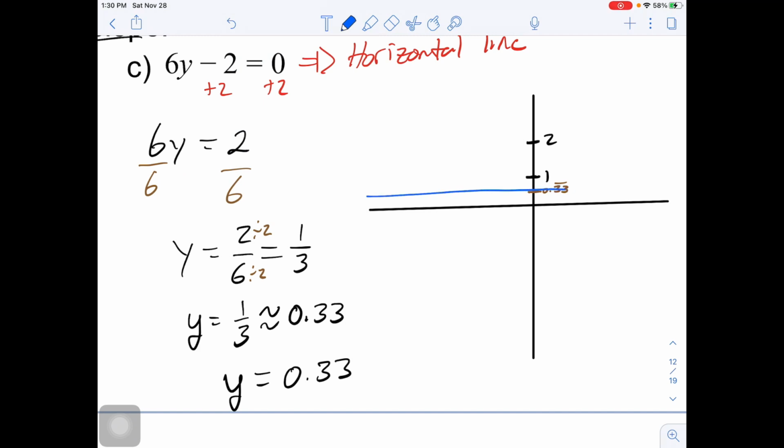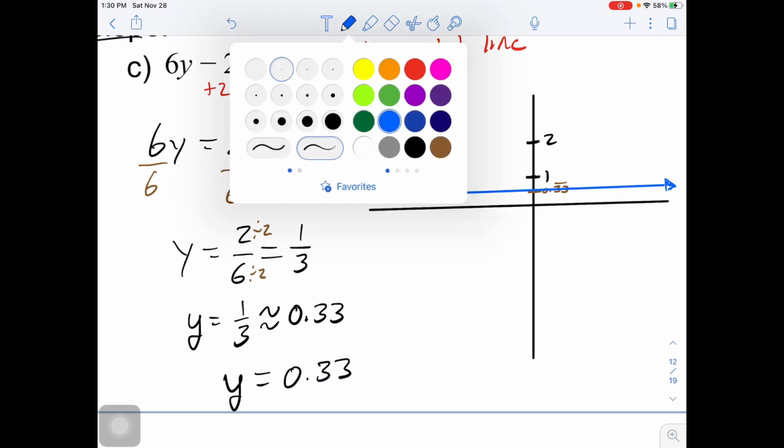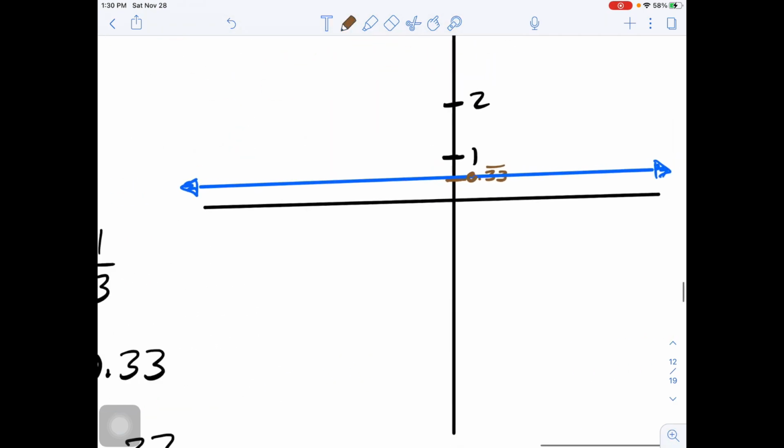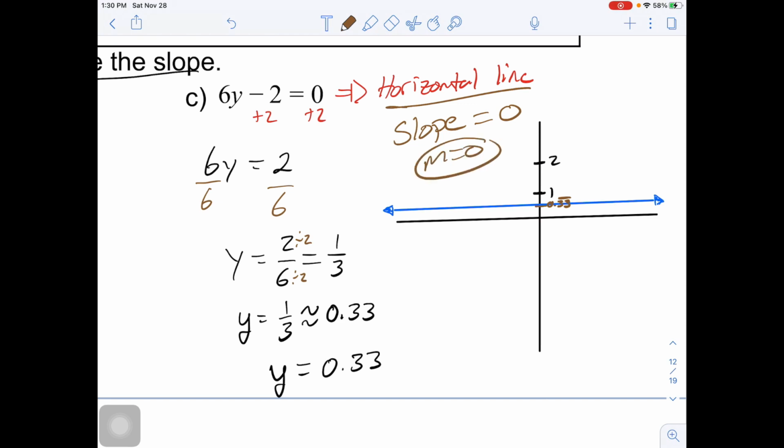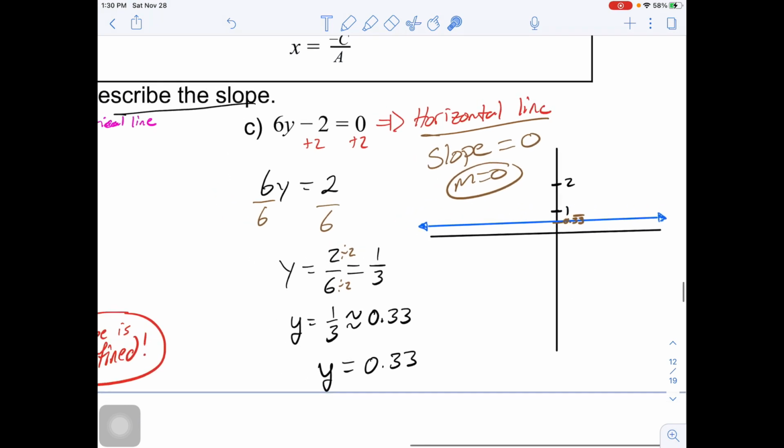We will get our graph to look like a horizontal line, that's simply where any number x is, y is always equal to 0.33. And again, let's maybe clean this up a little bit. There we go. Okay. And now remember, a horizontal line, their slope is 0. So m equals 0. And remember, we can think about it because if you have a perfectly flat surface, you would say it has 0 steepness.